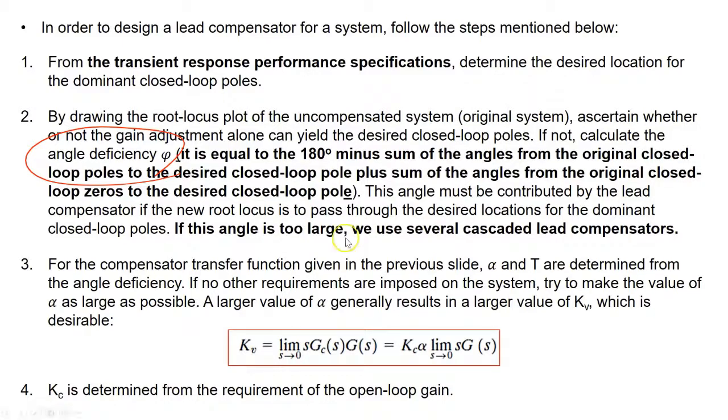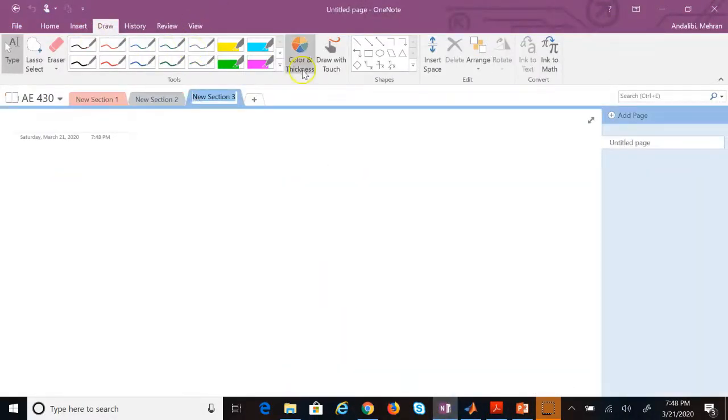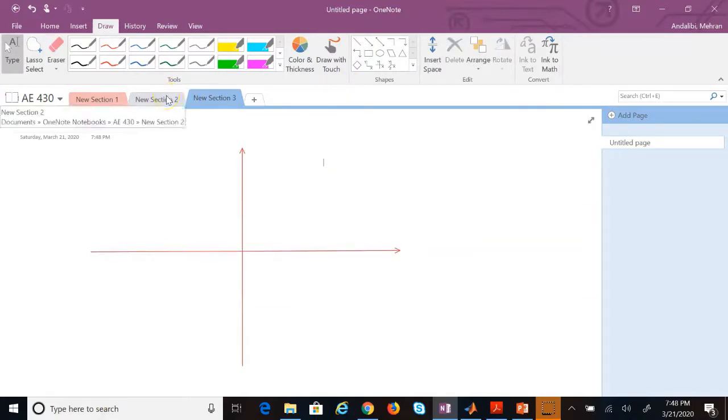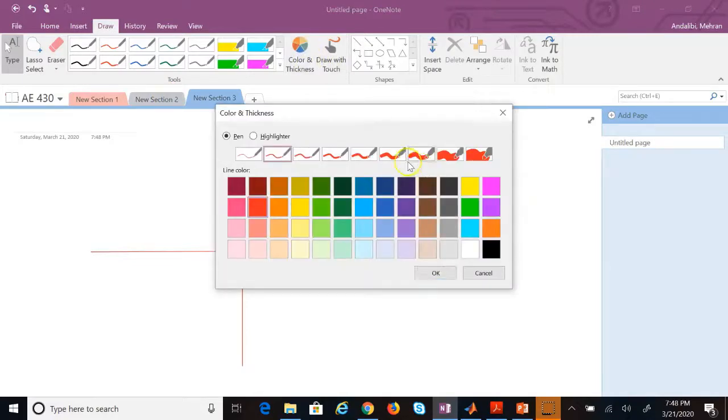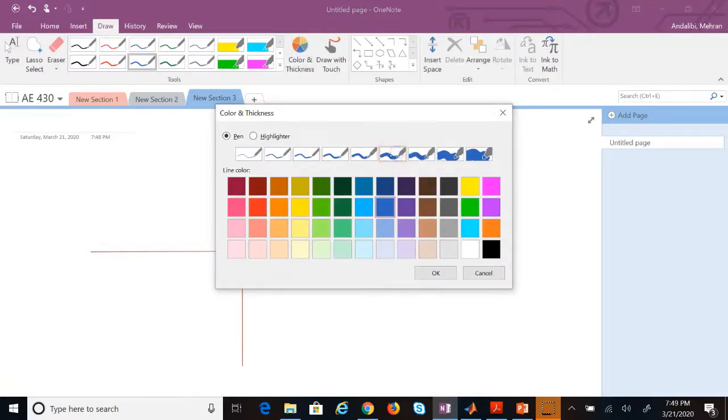Okay, so if I go back and look at this root locus, I'm going to draw the root locus for you again here. These are the x's. The root locus of that system, if you remember, is something like this. Let me use a bigger pen. Like that.